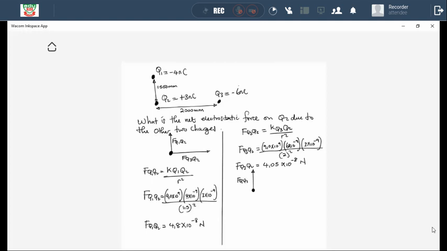Then I put my, all right, there, this represents my F Q3Q2, right? So I do the tail to head method. I take the tail of F Q1Q2, I put it on the head of F Q3Q2, right?